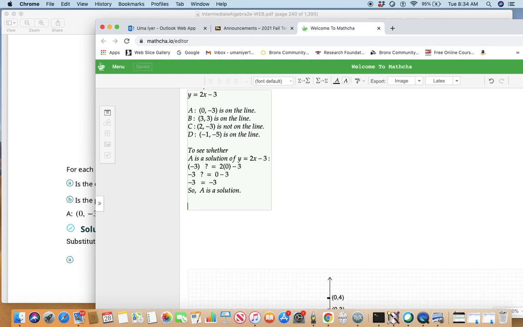Let's check again. For B, is B a solution? So these are questions to see whether it is a solution, right? Let's see. B is 3, 3. So where I see y, I'll place 3.